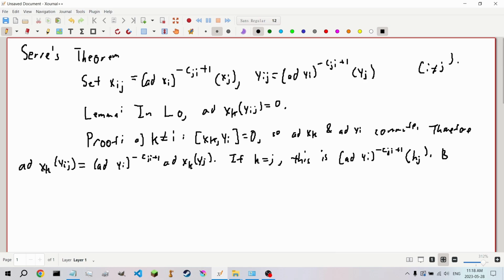But by constraint 3, the adjoint of yi on hj is the Cartan integer cij times yi.